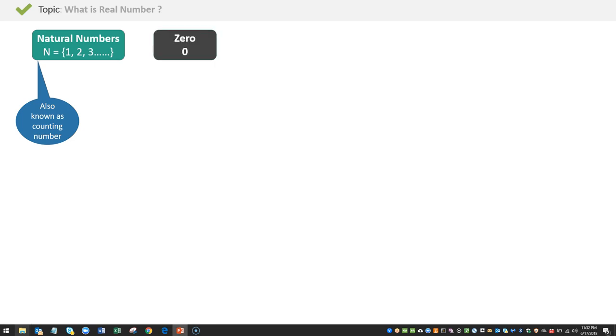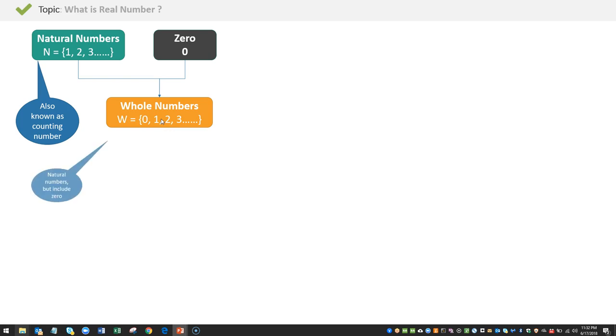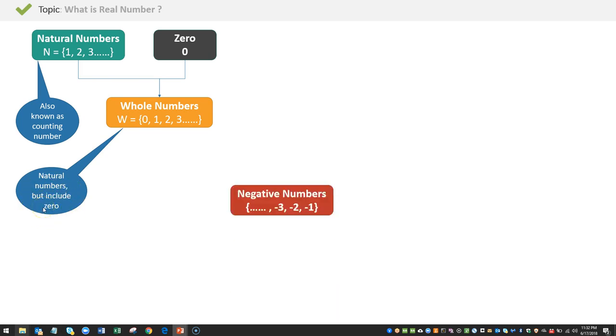We all know about another number called 0, and if you include natural number and 0 together, what you get is whole number. Whole number is generally represented by W, and hence it is a combination of 0, 1, 2, 3 and so on. So whole number is nothing but natural number, but it includes 0 as well.